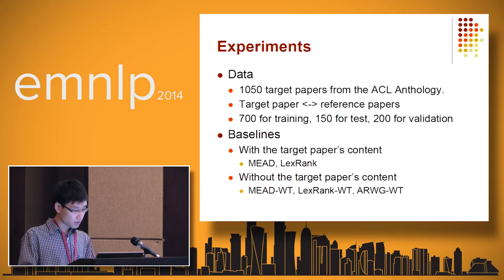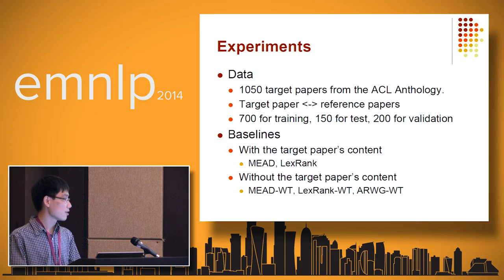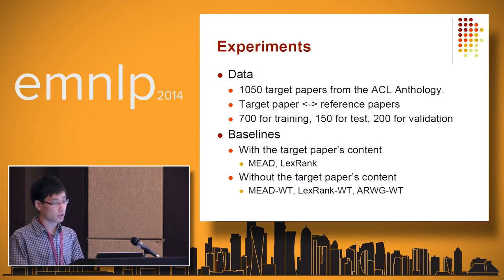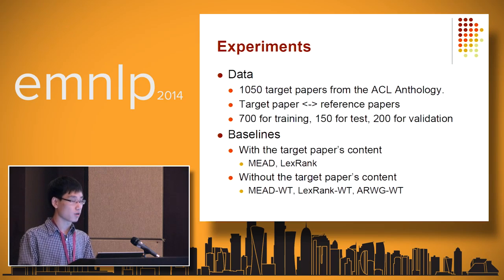We also implement our method and the baselines on the input without the target paper's content. We do this to validate our assumption of the structure of the related work section.